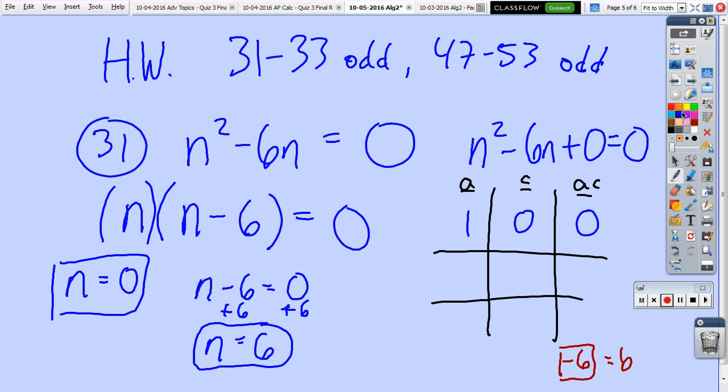All right, so it's the same process. Factors of 0 that add to -6: -6 and 0. It probably doesn't matter where I write them. Now that they're locked in, looking at these rows, I need to put factors of -6 here, and they also have to be factors of the ones above them.